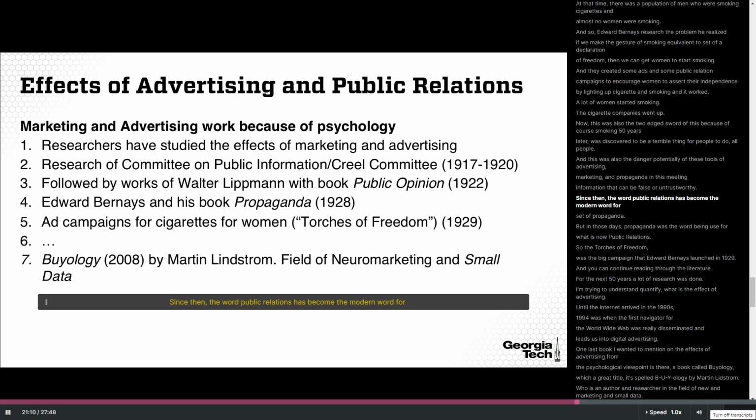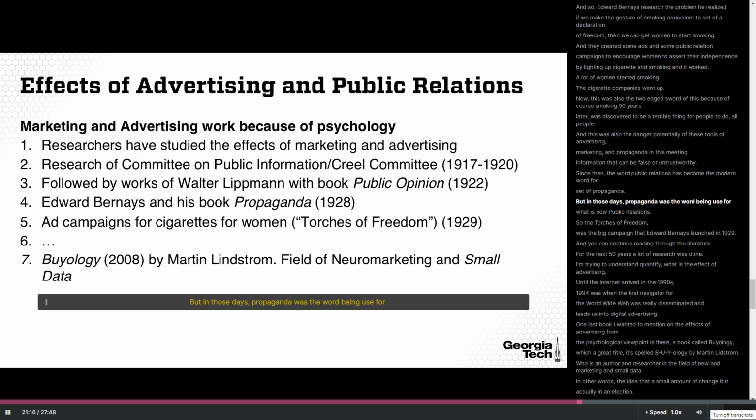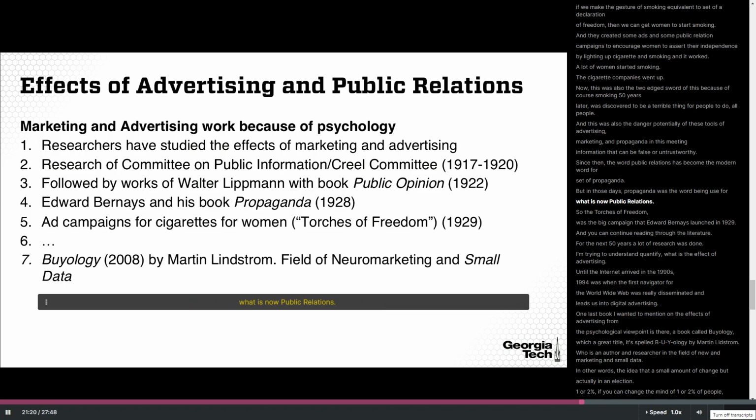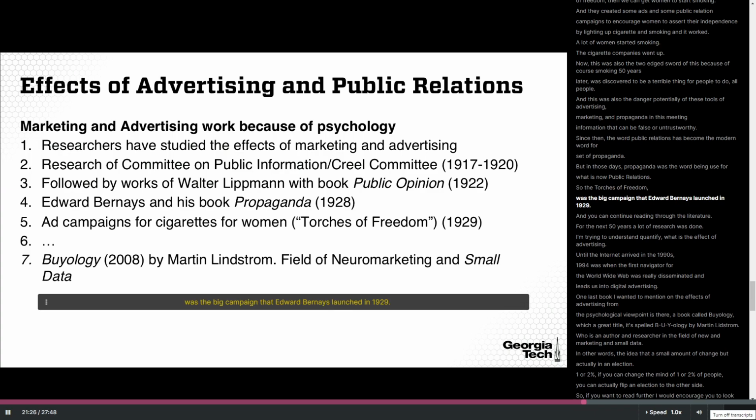Since then, the word public relations has become the modern word for sort of propaganda. But in those days, propaganda was the word being used for what is now public relations. So Torches of Freedom was the big campaign that Edward Bernays launched in 1929.